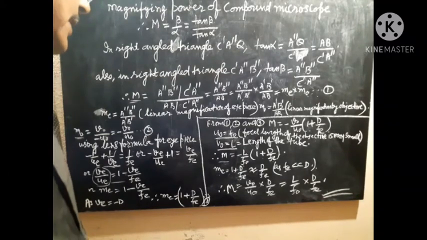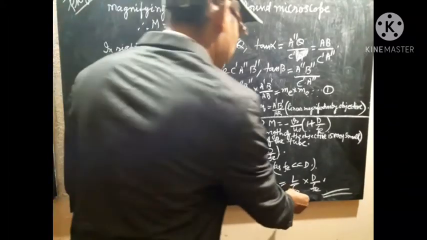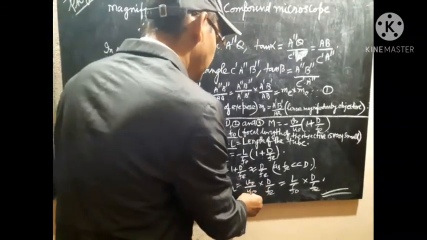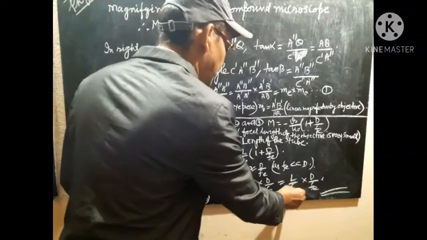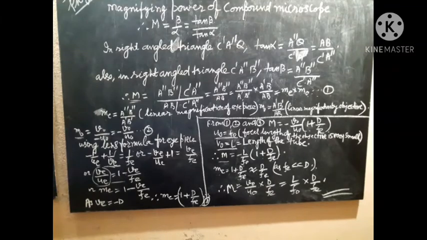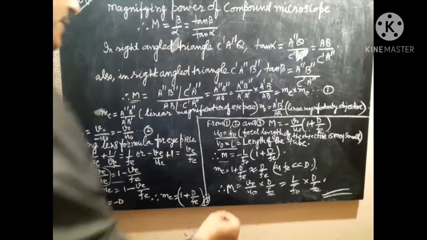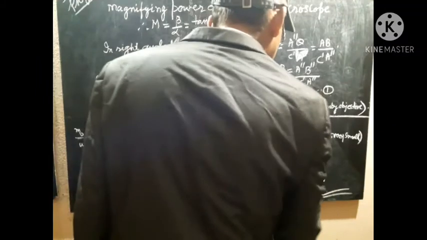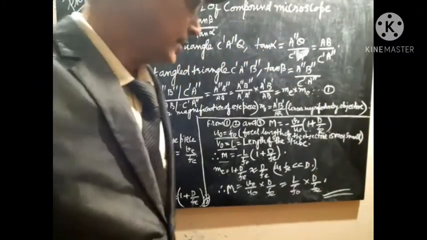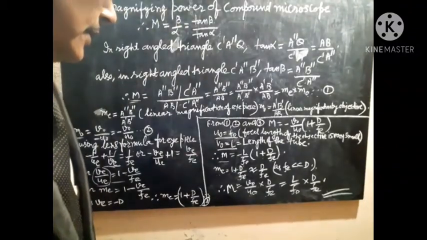VO by UO is equal to L by FO, and into this you write the same D by FE. Okay? I hope you are understanding this.